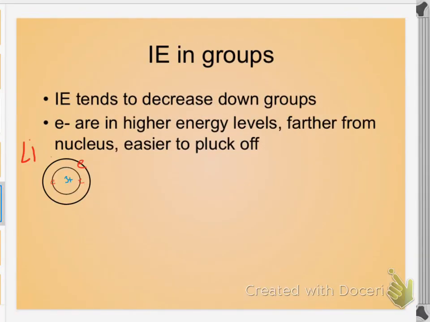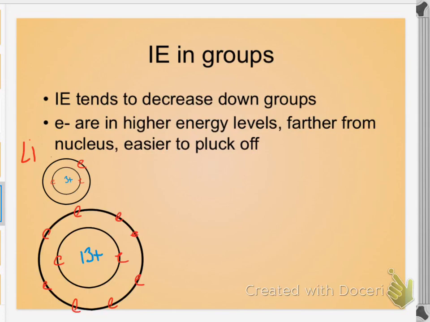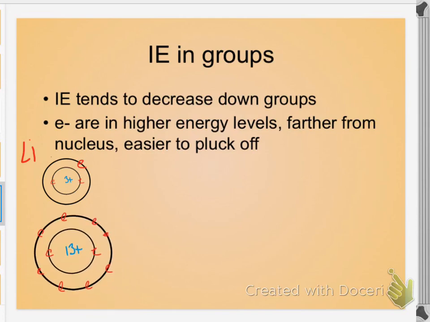Okay, let me copy that. Let's move down one. What do we have? Sodium, right? 11 protons, starting off with 11 electrons, neutral. Let me copy this energy level, paste.